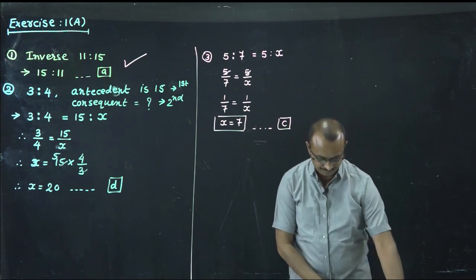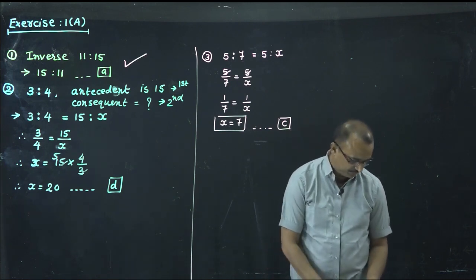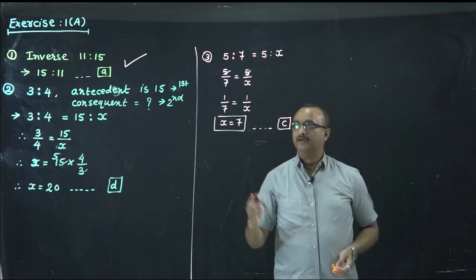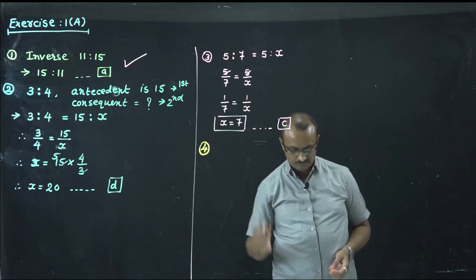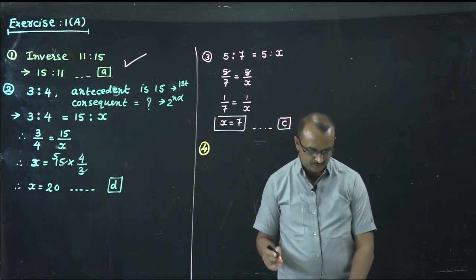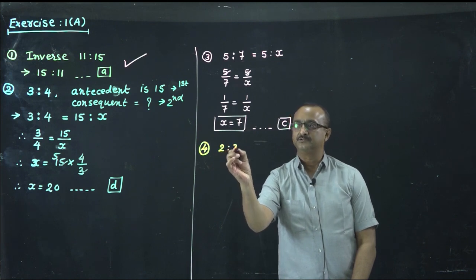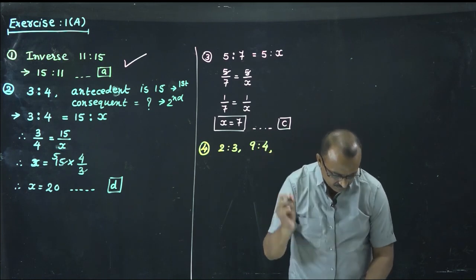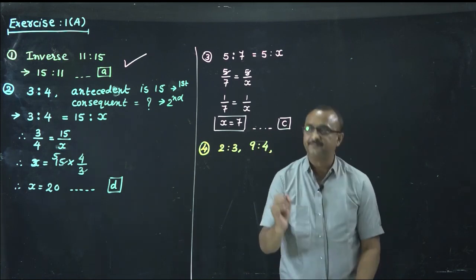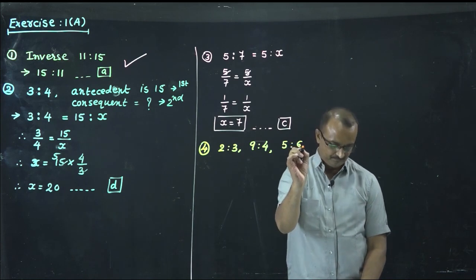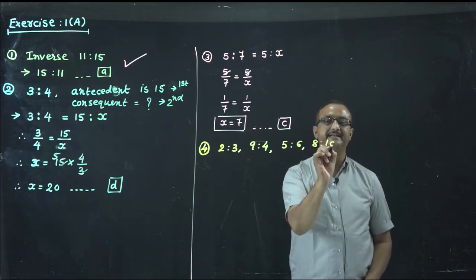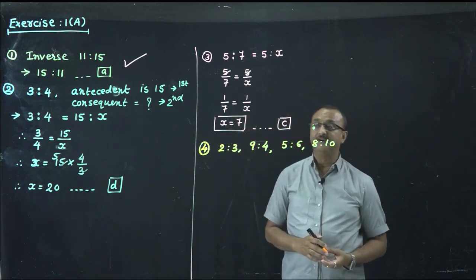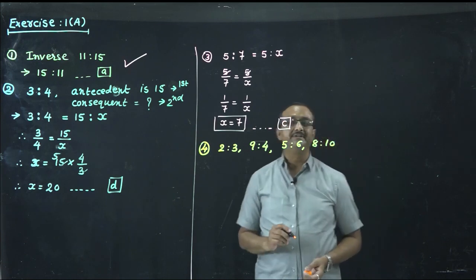Now question number 4. The compounded ratio of 2:3, 9:4, 5:6 and 8:10 is, see, what is the question asking here? To find the compounded ratio. Compounded ratio means what?